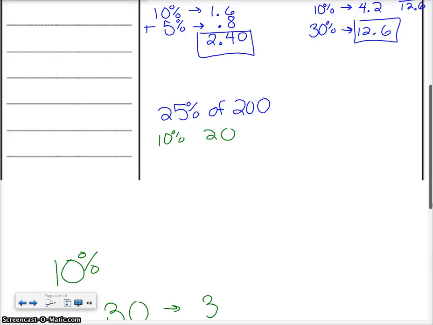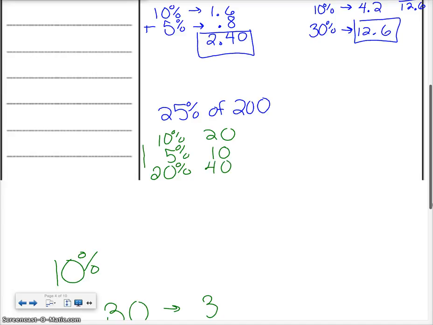And then I need another 10%, or I need a 20%. Actually, I'm going to do the 5 first so I don't get messed up. 5% is half of 10%, so 5% would be 10. 20% is double the 10, so if 10 is 20, double the 20 is 40.